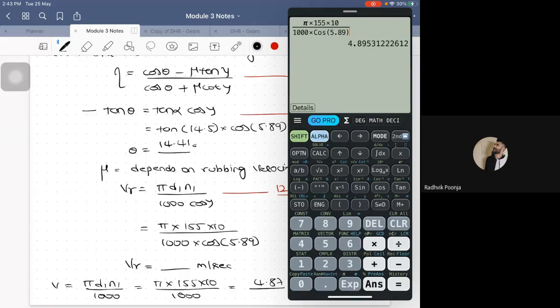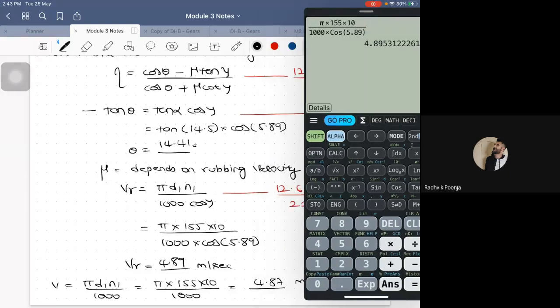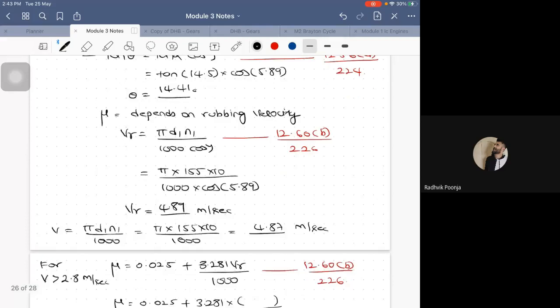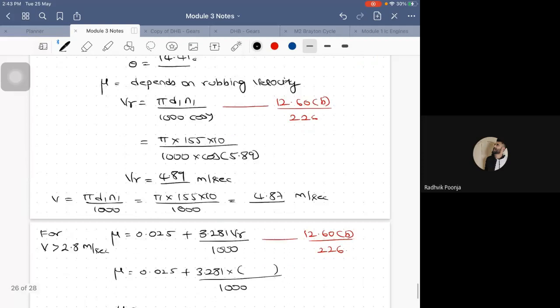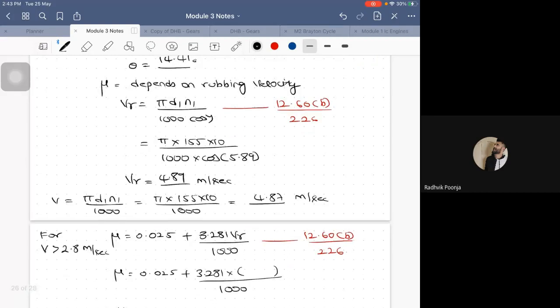So 4.89 and 4.87. Pretty much the rubbing velocity and the linear velocity are the same. For V greater than 2.8, since it is 4.8, you have the formula 0.025 plus 3.281 VR divided by 1000, from equation 12.6p, page number 226.